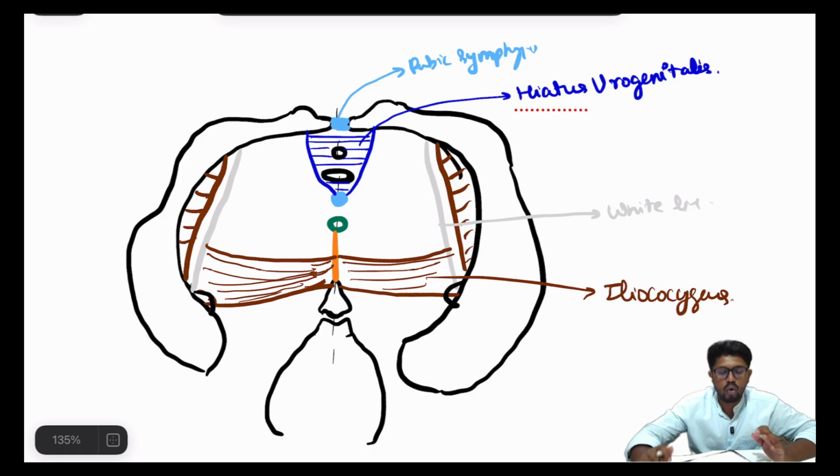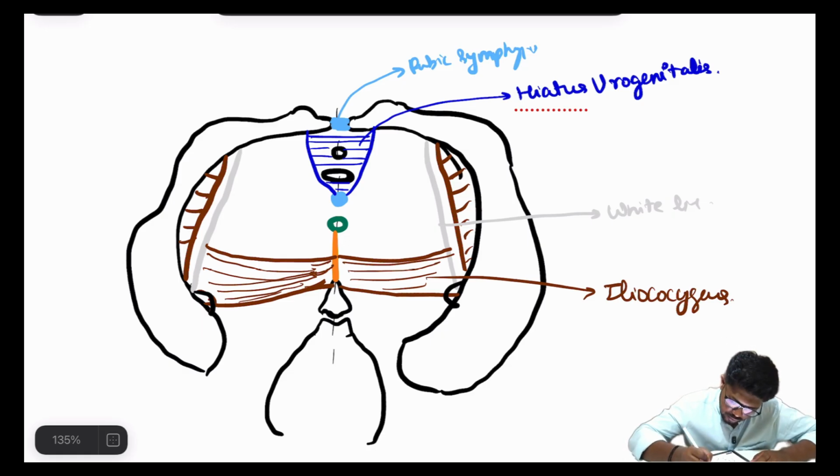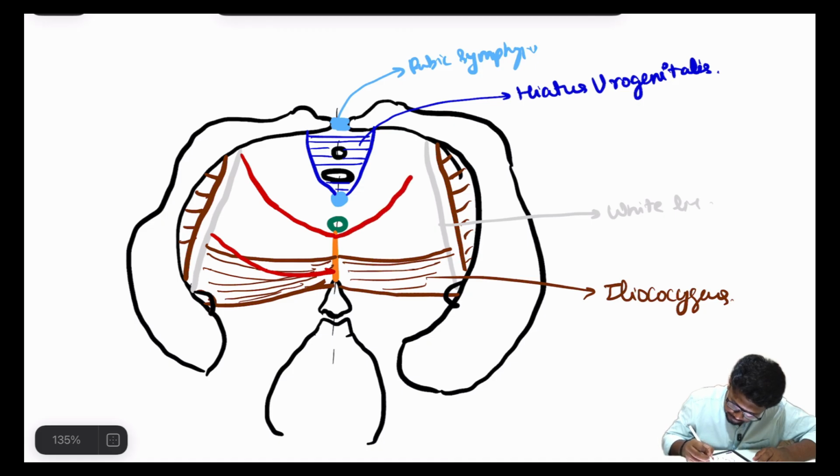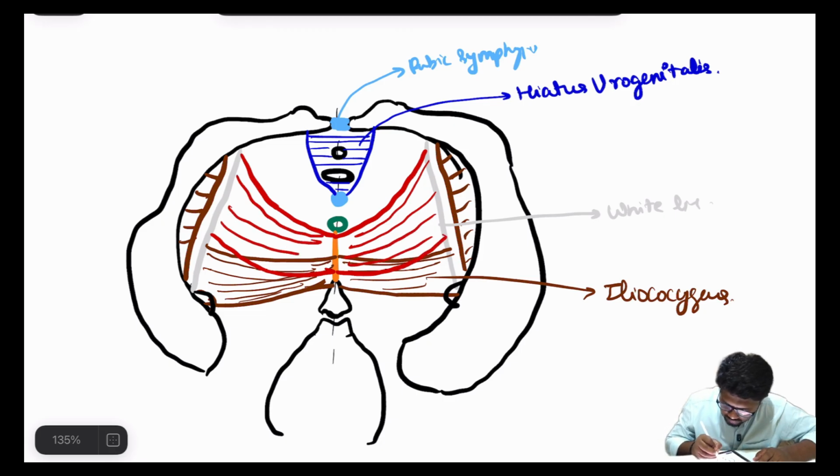So the Pubococcygeus, we'll change the color for the muscle. The Pubococcygeus proper arises from the anterior half of the tendinous arch, and it will come and overlap the Iliococcygeus and attach to the anococcygeal raphe.